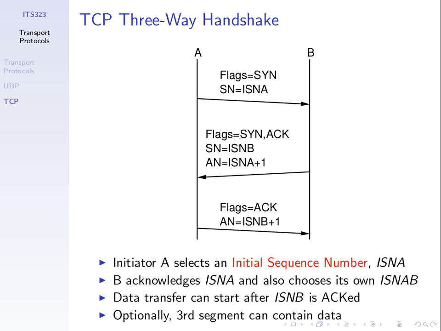It's called piggybacking, in that we combine the ACK and the data together. It's possible in TCP. Assume, unless I state otherwise, the normal approach of SYN, SYN-ACK, ACK, no piggybacking. So there are some options in TCP that can improve upon performance.